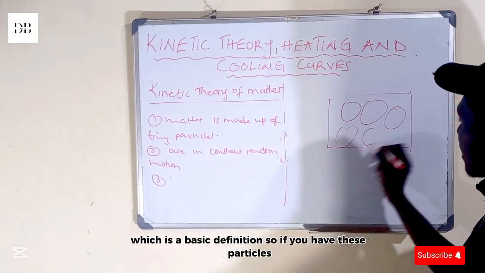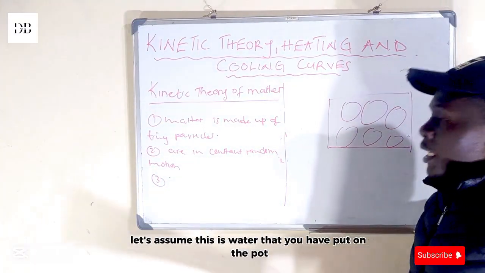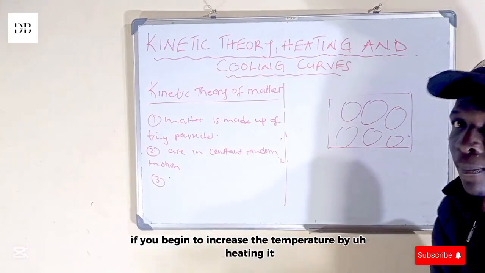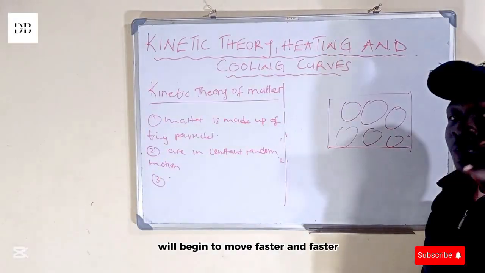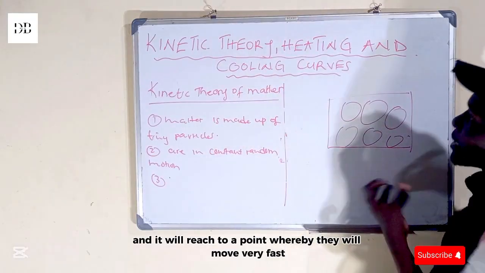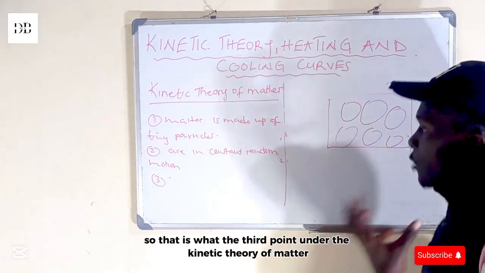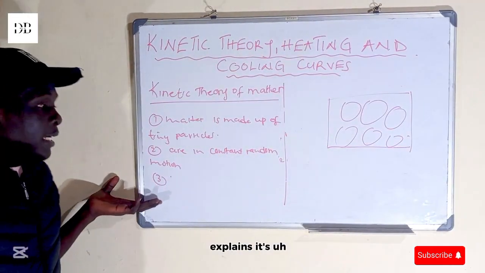If you have these particles, let's assume this is water that you have put on the pot, and you begin to increase the temperature by heating it, these particles will begin to move faster and faster, and they will reach a point where they move very fast and begin to evaporate.